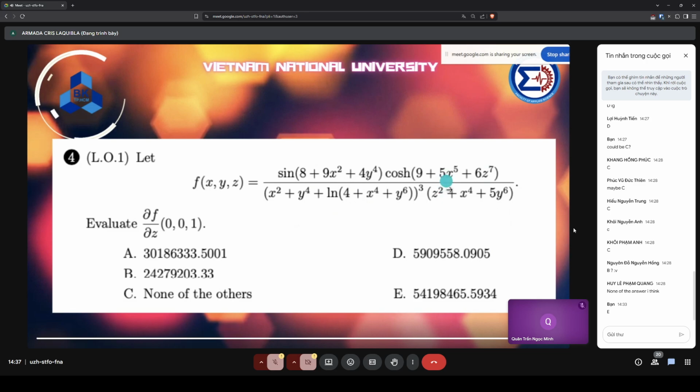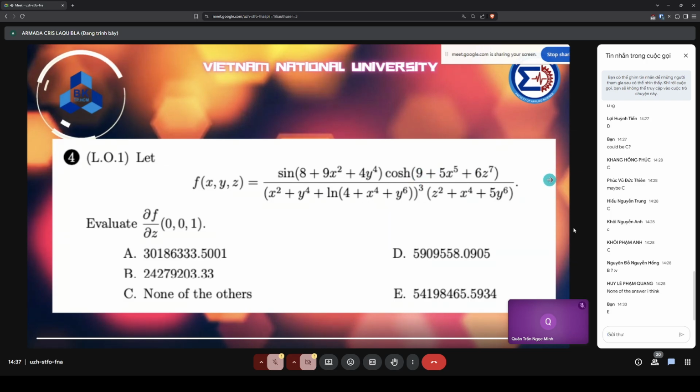It's sinh of 9 plus 5x to the fifth plus 6z to the seventh, and then multiply it with the derivative of what's inside here, which has a z. So 7 times 6, we have 42z, correct? Minus.